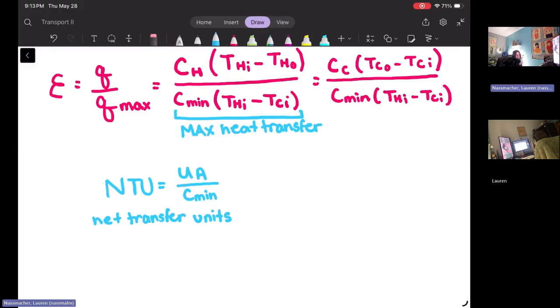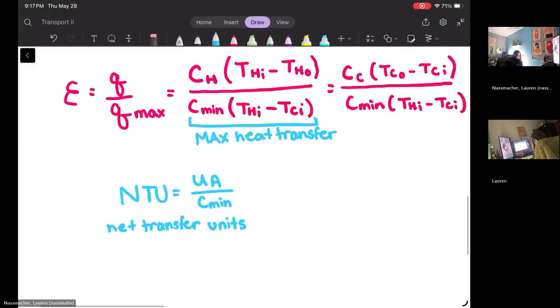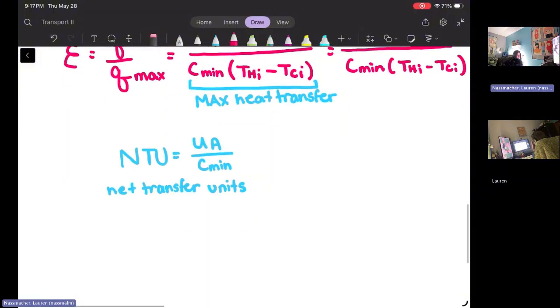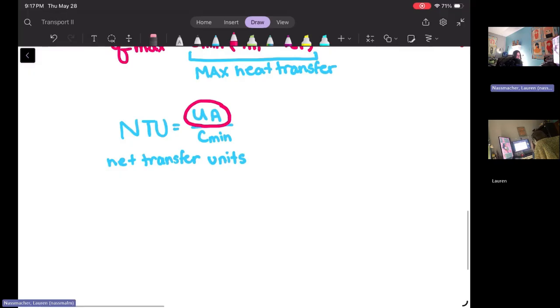You know NTU, I know you know NTU. What's fun about the net transfer units is that usually these variables are given by the company that you buy the heat exchanger from. So you know these, right? And your company that you work for, or you yourself if you're higher up there, will think, I kind of want the net transfer units to be this number for it to be profitable or more efficient in the plant.